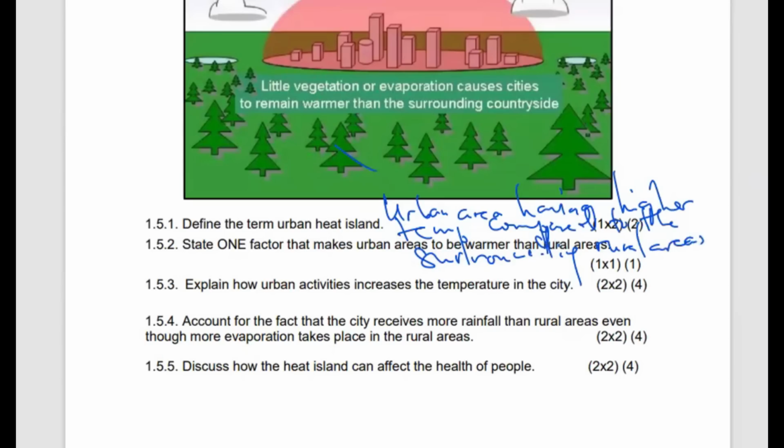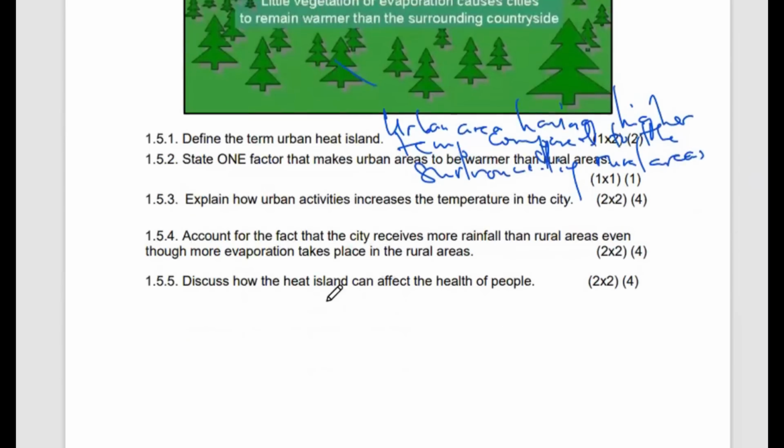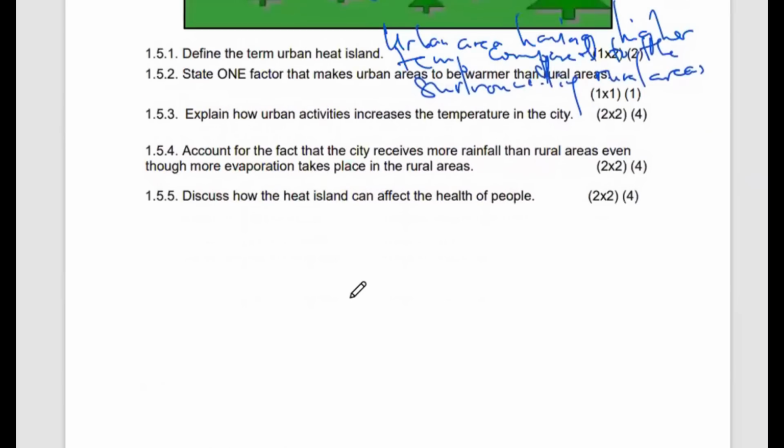That is the situation of urban heat island. It's a heat island in the sense that there's higher temperature in an urban area compared to the surrounding rural areas. State one factor that makes urban areas become warmer than rural areas. What contributes to higher temperatures in the urban area compared to the rural areas?